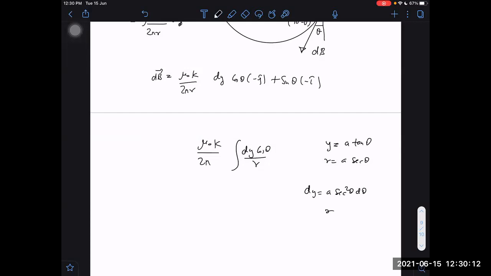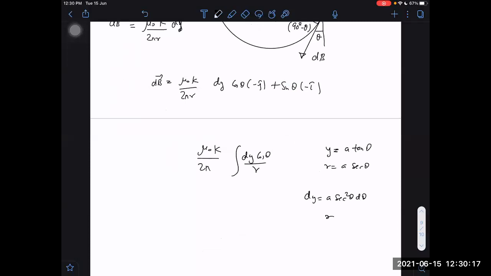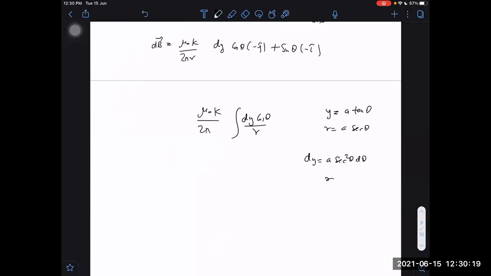Are we getting it now? Tell me, are we getting it or not? a secant square theta d theta divided by a secant theta, cos theta into dy over r.